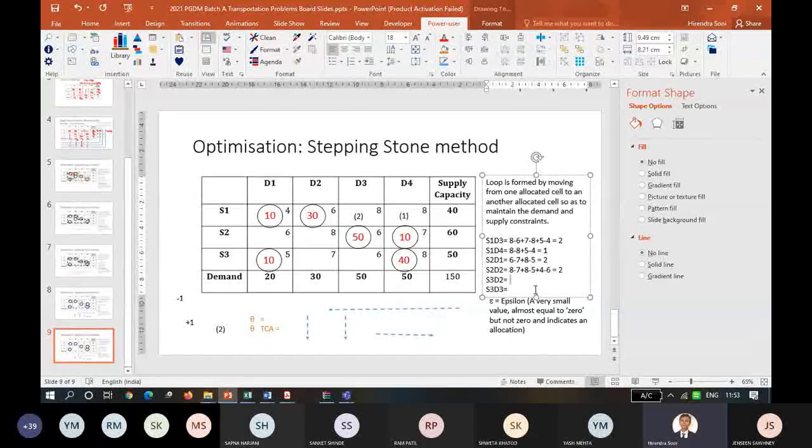What about S3D2? S3D1, S1D1, and S1D2. S3, D1, S3D1, S1D1, S1D2 and D2, back.